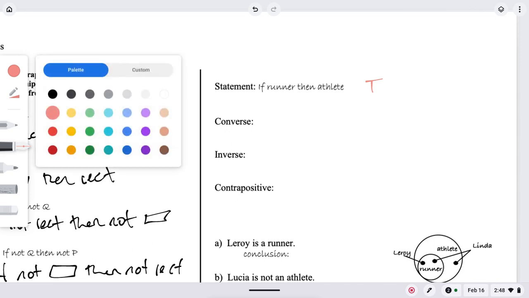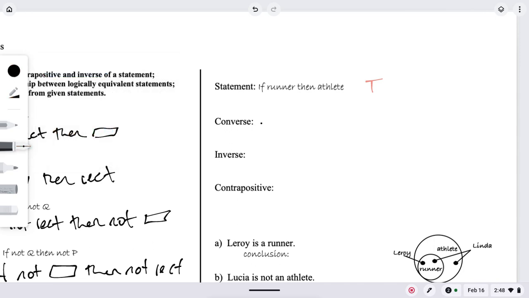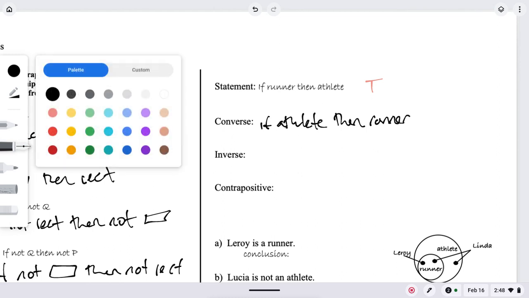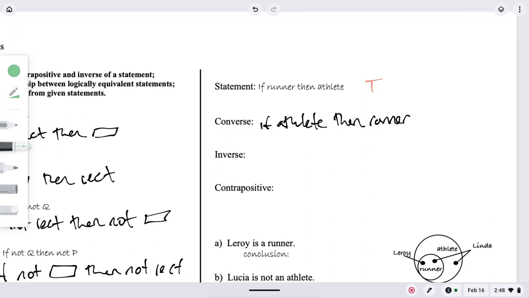But you do need to be able to write your converse: if athlete, then runner, which I would actually say is a false statement. Because for me, I'm thinking maybe you're a bull rider.